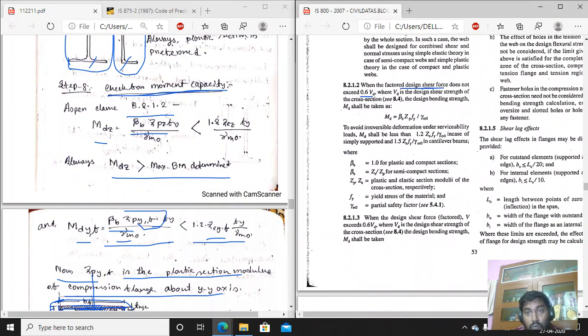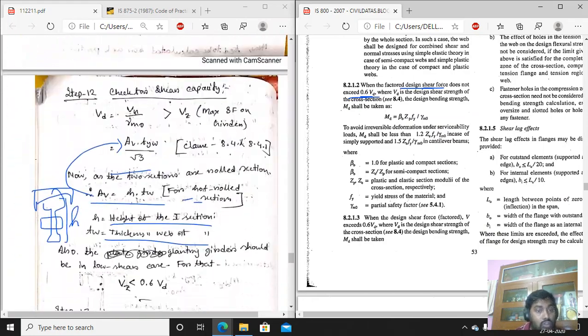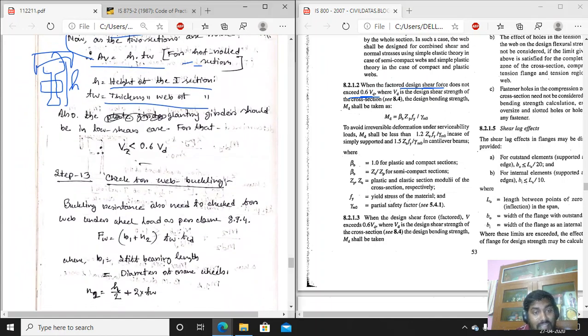The design shear force does not exceed 0.6 Vd. So we have to also check that here: the shear force acting should be less than 0.6 times the design shear capacity. We have to prove that it is a low shear case. Okay, up to that, this is all the basic work.